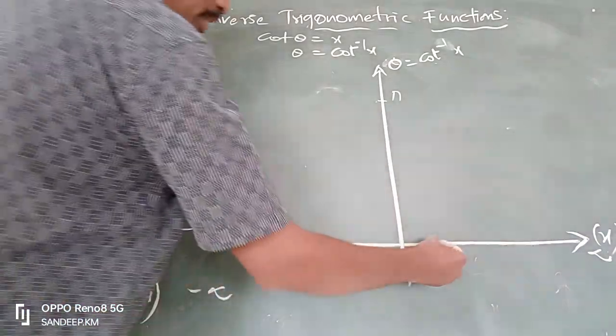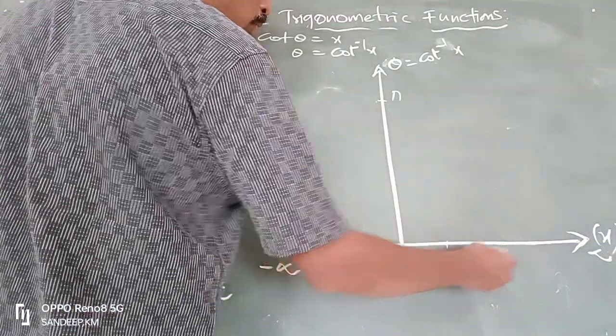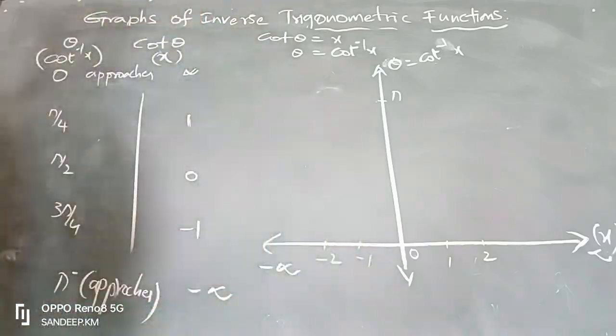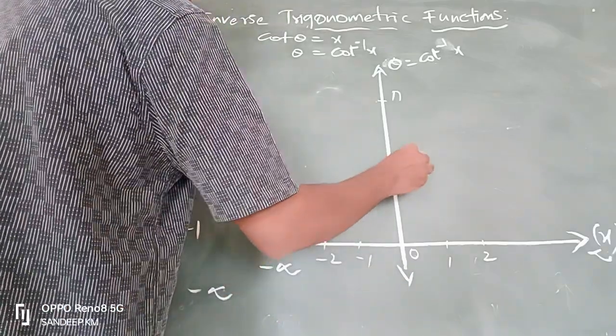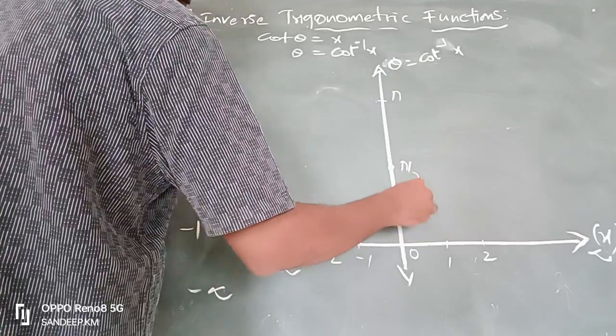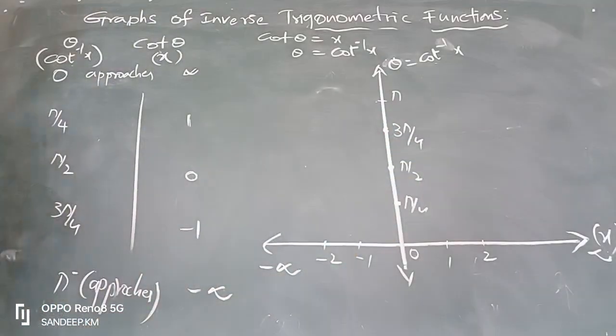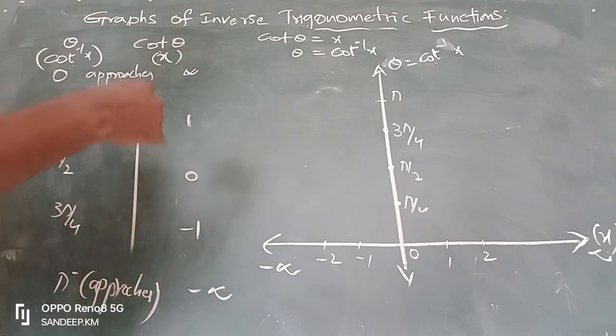So here again with some more inputs and some more outputs, 1, 2 and so on, minus 1, minus 2 and so on. So this is pi by 2 and this is pi by 4 and this is 3 pi by 4. If you are interested, try taking more values like pi by 3, pi by 6, 2 pi by 3, 5 pi by 6, etc. Then your graph will be more precise while you are drawing.